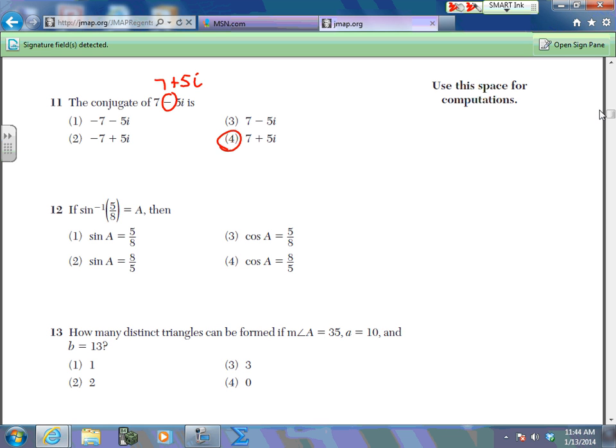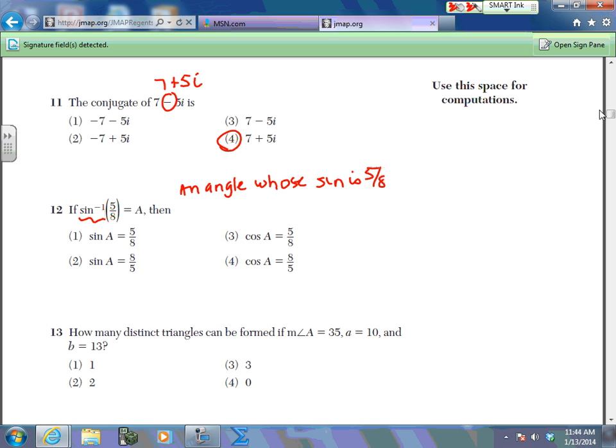Number 12, this is your arc sine, the sine inverse. This tells me I have an angle whose sine is 5/8. I want to know what angle that is. Now, all they're asking you to do is turn it around into a regular sine function.